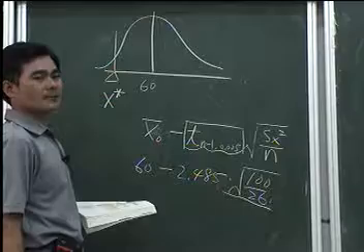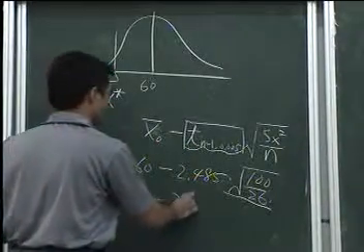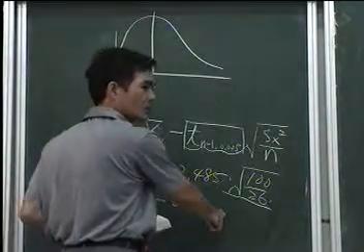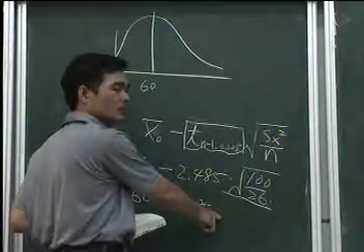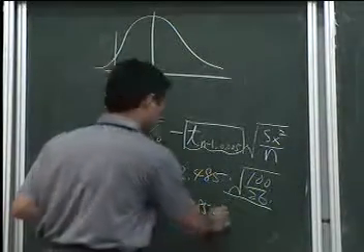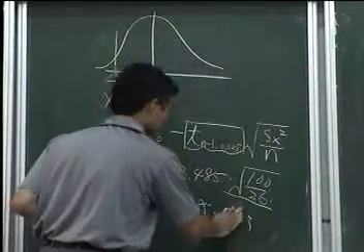Can anyone tell me what this number is? Get a calculator. So it's 60 minus 2.485 times, should be close to 4, close to 1.96. Okay, thank you.